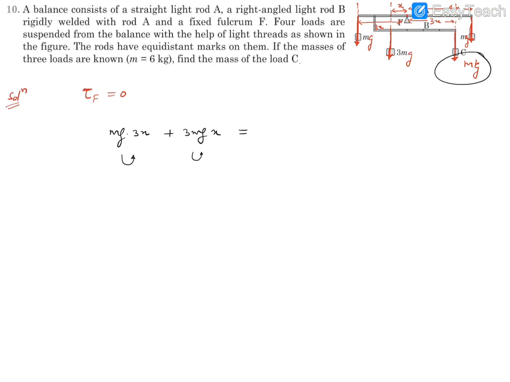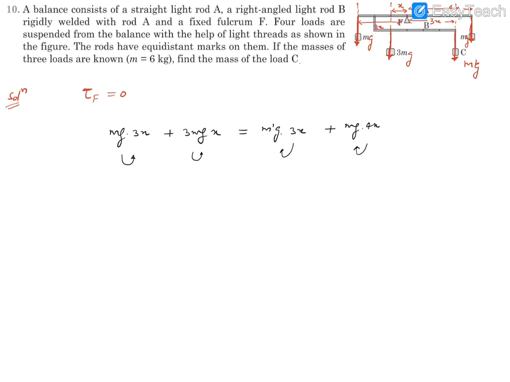This C will be giving a torque in clockwise sense. We can write it as m dash g into the perpendicular distance, which is 3x, and the torque because of this mg, which is at a perpendicular distance 4x. So this is how we can balance the torque.